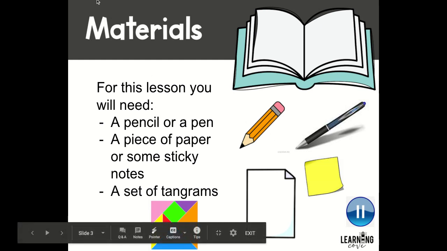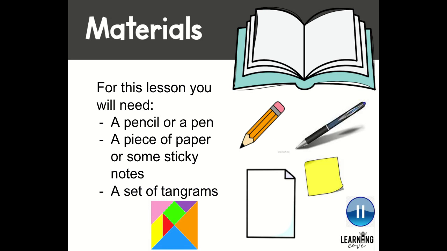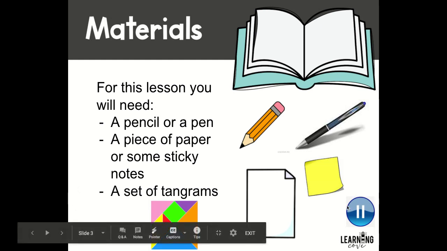The tangrams you can use if you followed along with links yesterday to cut your paper to make your own paper set of tangrams, or in Google Classroom in our materials, I put this PDF of a tangram set that you can just print out and then cut out each shape. It can be black and white or color. Or you can just use mine. So you can pause the video now if you need to go do that.